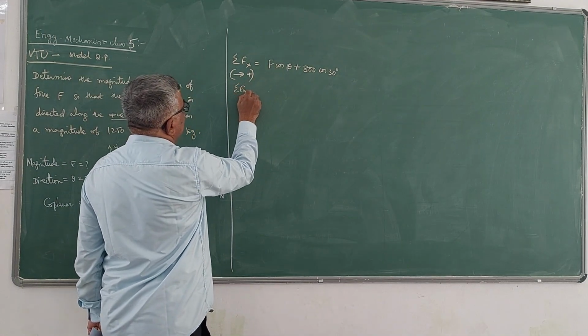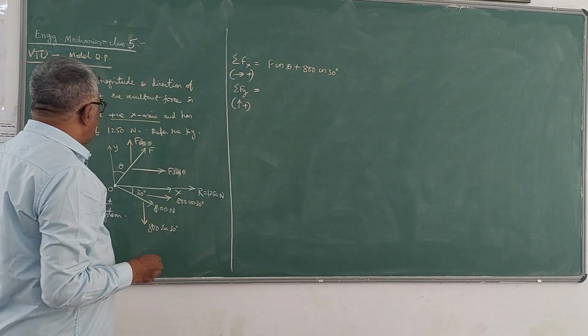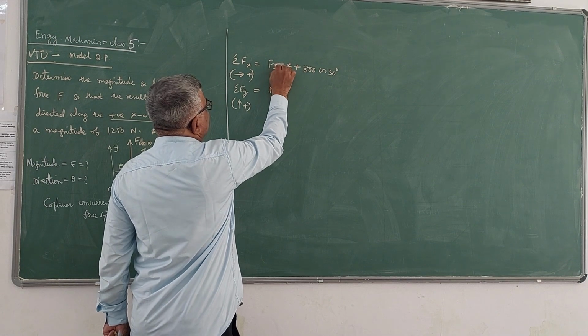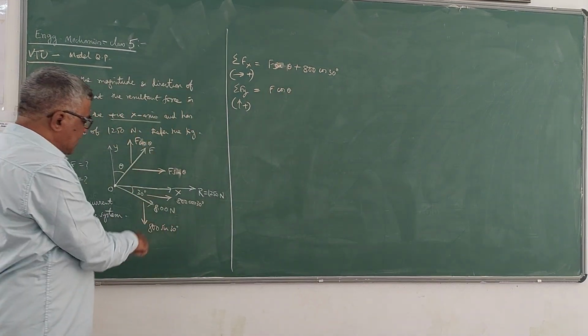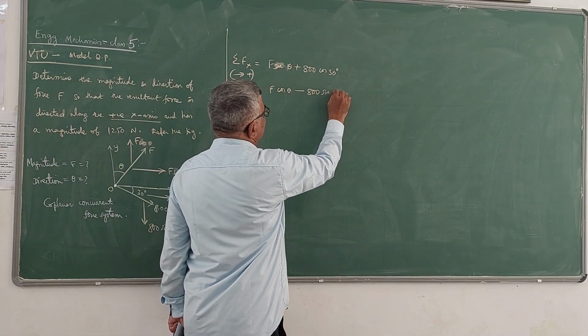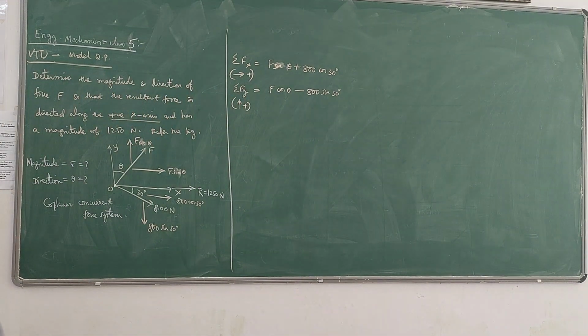Sigma Fy will be upward positive, downward negative if I assume. So F cos theta will be positive, but this 800 sin 30 will be negative because it is acting downwards. Now he has given that the resultant is acting along the x-axis.